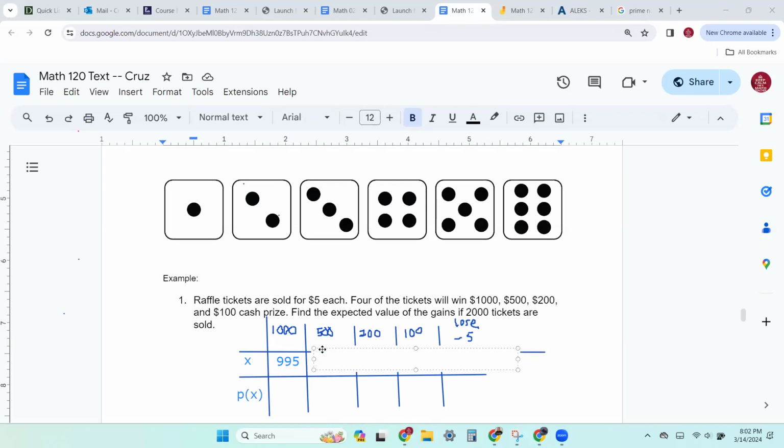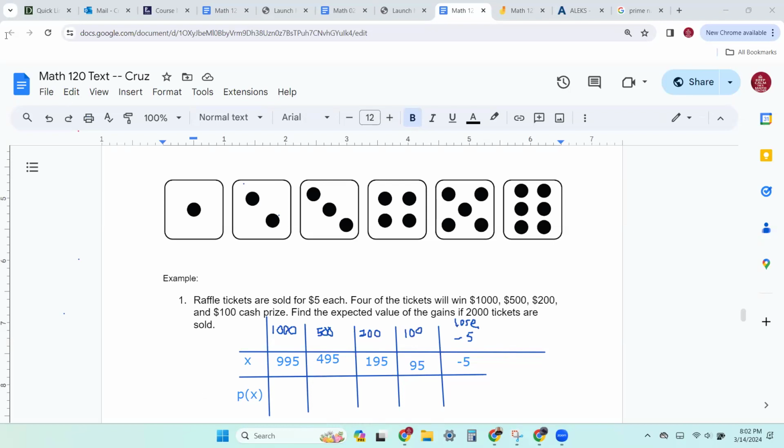So the same thing here, $495, $195, $95, and then just here is just -5. All right, so I'm taking that -5 away from each one of these because net winnings is important because we're not winning 1,000 if we had to pay to play.